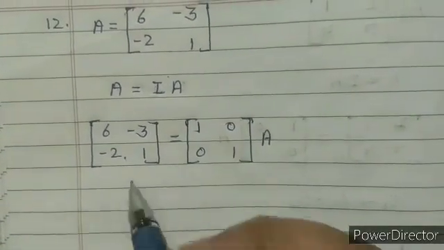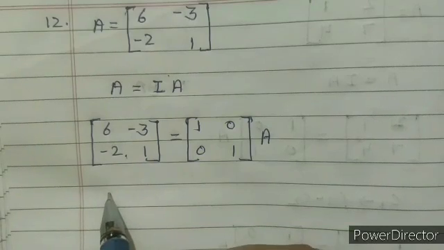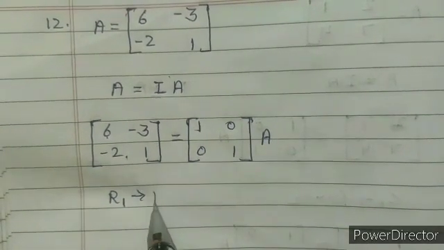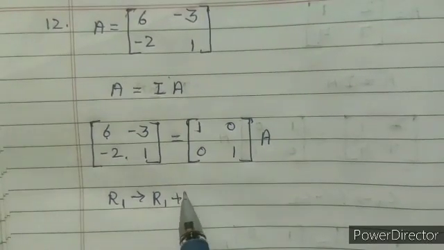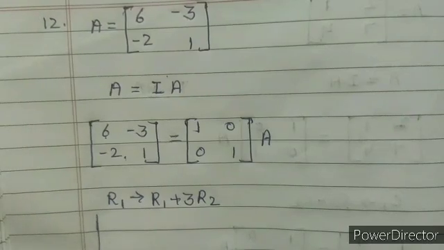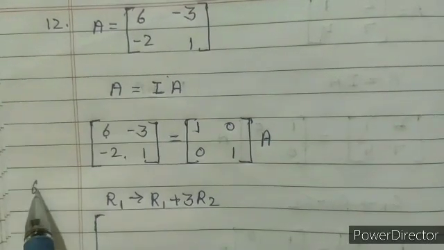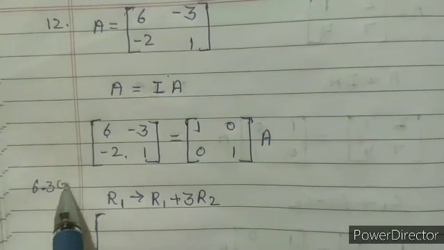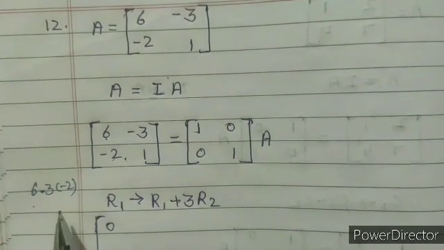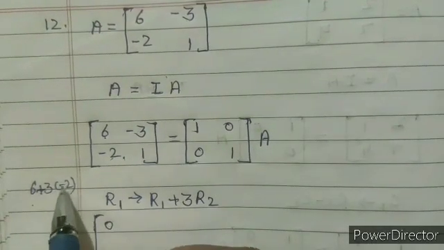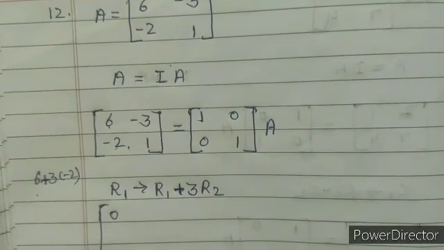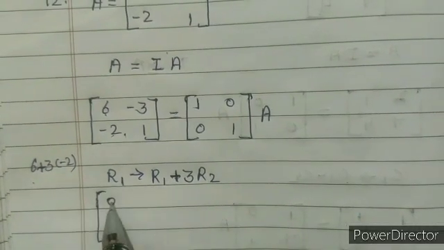Now if we transform row 1 by row 1 plus 3 into row 2, then 6 plus 3 into minus 2 will give us 0. Here we are adding 3 into row 2 to row 1, so that will give us 0.